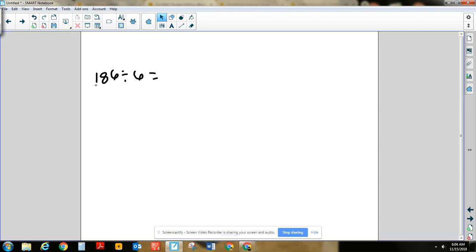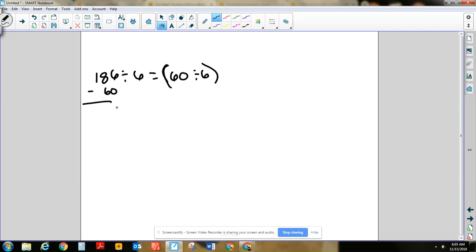I'm going to distribute 186 in several different ways. The first way, I'm going to take 60 out. So 60 divided by 6. If I subtract 60 here, I have 126 left.